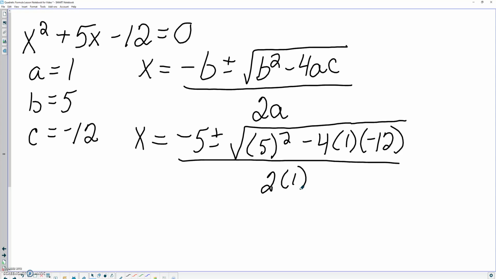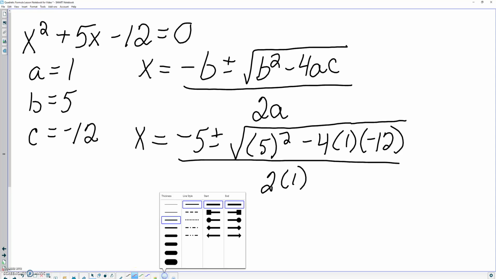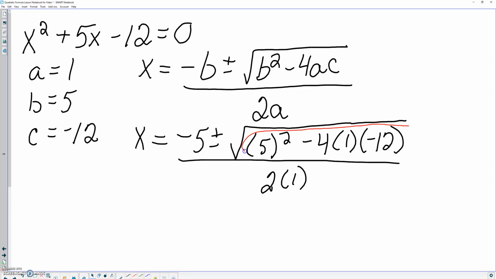Okay, so now to simplify this, we're going to use our calculator to help us. So I'm going to take this entire expression that's underneath the radical, and I'm going to stick it right in my calculator.